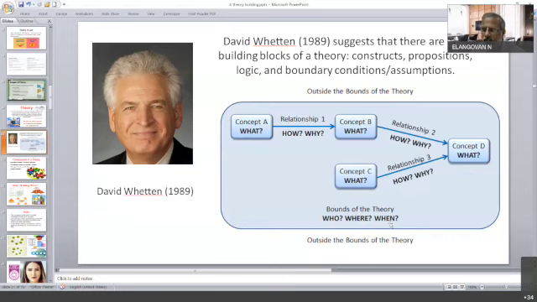So the boundary now is the IT employees, because this theory may not hold good outside the boundary. For example, factors influencing the satisfaction of construction employees, it may not apply. So therefore, the boundary is where the theory will be applicable, where the theory will hold good. That is called the boundary.